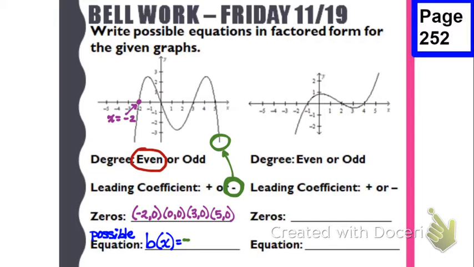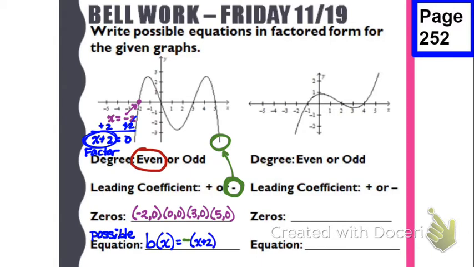So for this one over here, if I need this to be equal to 0, what would I do? Add 2 to both sides. Now I've got it equal to 0, and this is my factor. So inside parentheses, x plus 2.